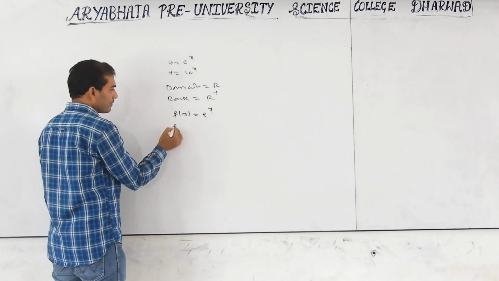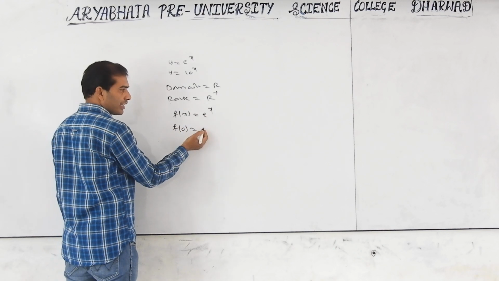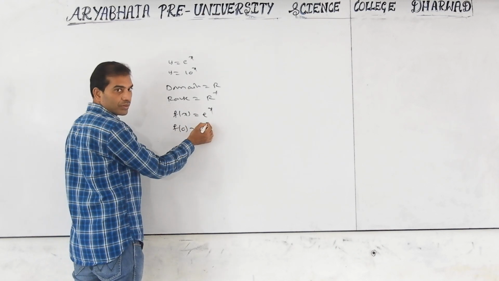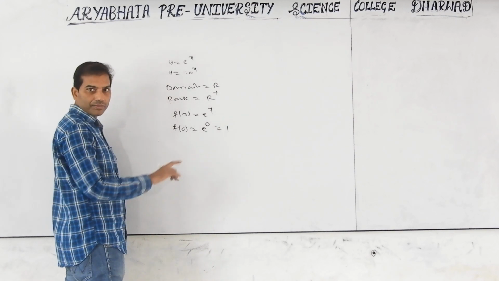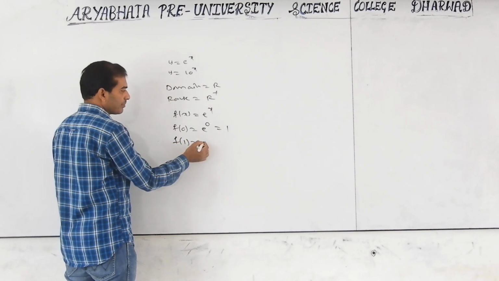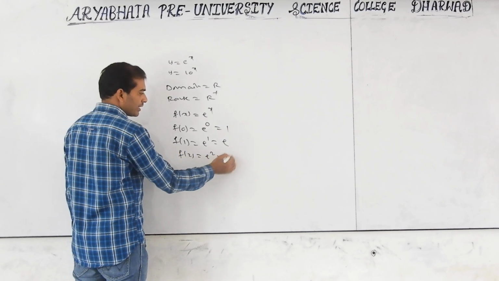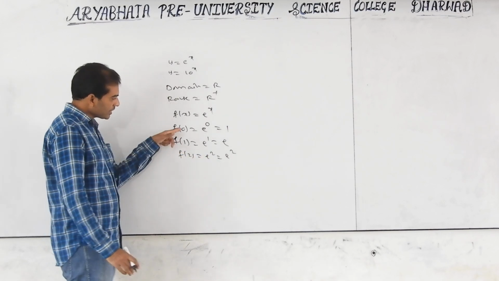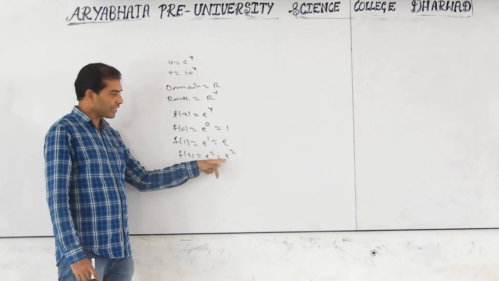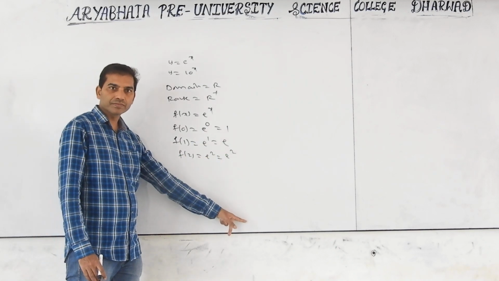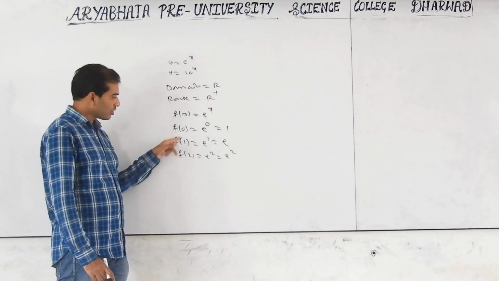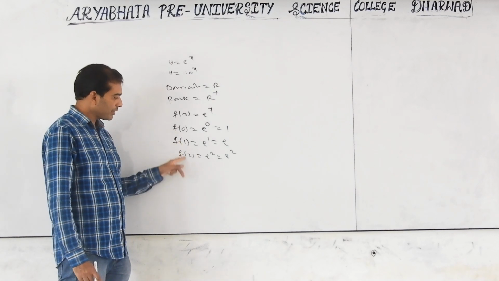If you take f of 0, what will you get? e power 0 is 1. If you take f of 1, e power 1, e. f of 2, e square. As x increases, the range will increase up to infinity. 0, 1, 2, 3 up to infinity.